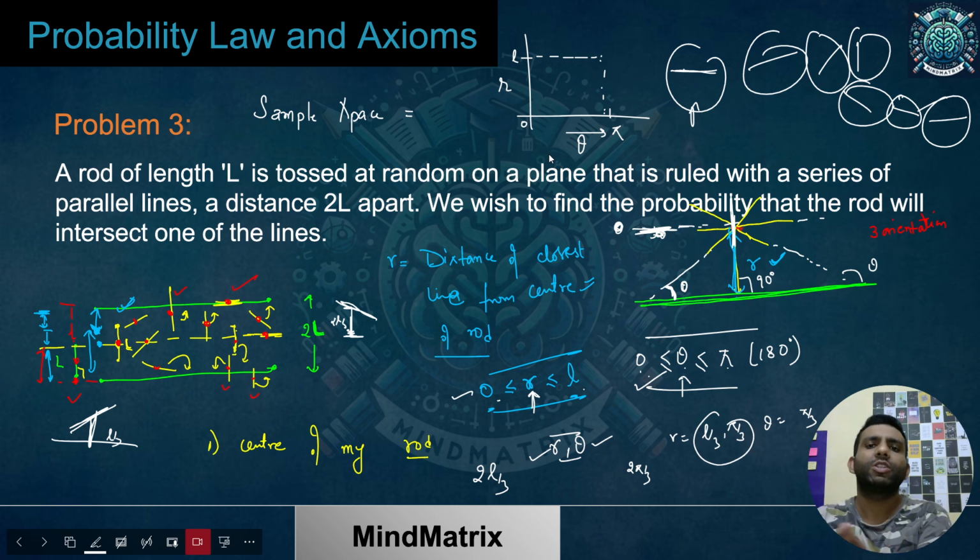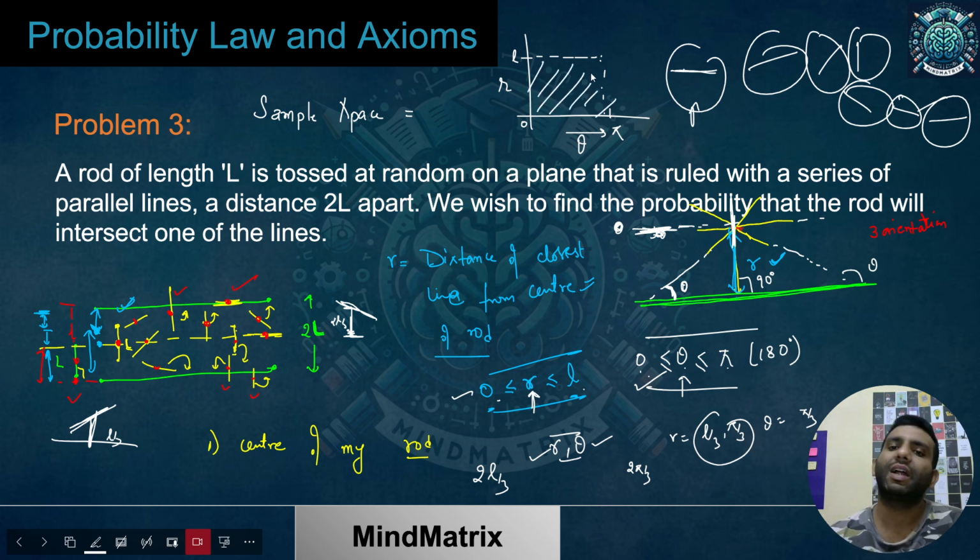And how do we do that? We won't be counting each of the coordinates. We can simply find out the area of that region. The height of my rectangle is r and the breadth of my rectangle is theta, so the area is simply r into theta. And what's the sample space size then?